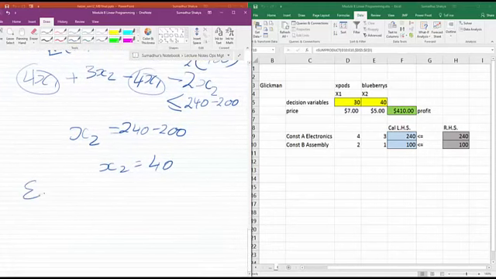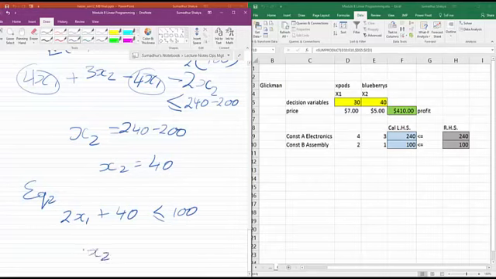So if I use equation 2, then we can say 2x1 plus 40 less than 100. Therefore 2x1 less than or equal to 100 minus 40.